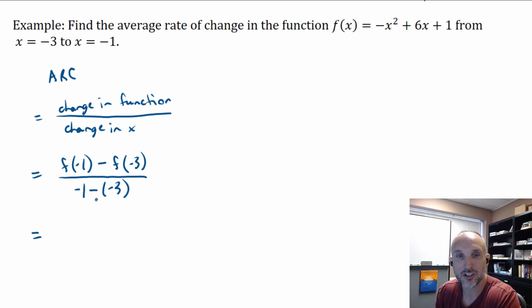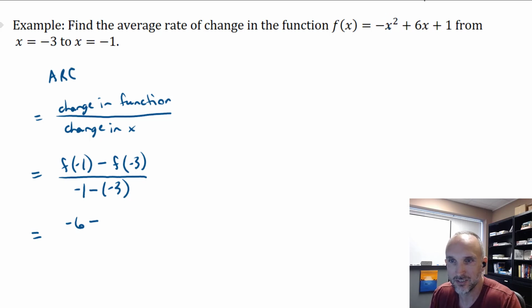And now we just calculate this value. So f of -1, we plug -1 in for x. -1 squared is +1. So we get -1 minus 6 is -7 plus 1 is -6. Then we have to subtract f of -3. So -3 squared is 9.